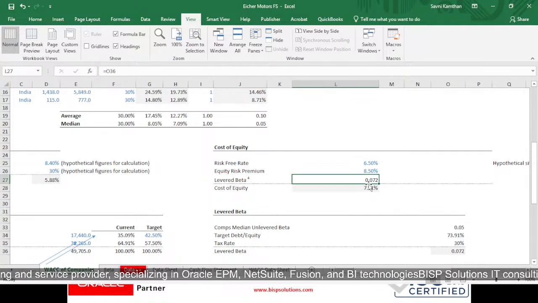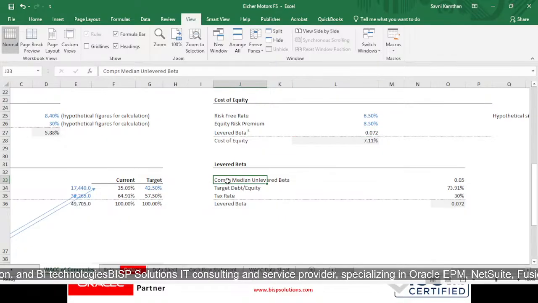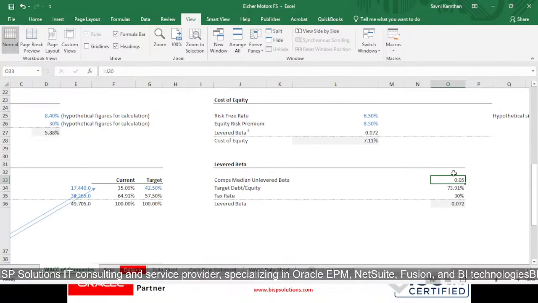So if you all are very much confused about how I have taken levered beta over here as 0.072, I will be calculating it over here. So levered beta over here, as it is asking me comps median unlevered beta, I have taken my unlevered beta as 0.05 over here.